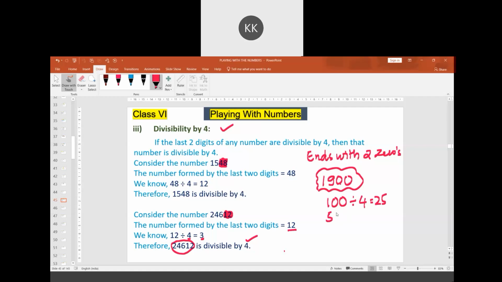Therefore, any number where two zeros are there is divisible by 4. Whereas the test for divisibility by 8 is similar, there will be a combination of three zeros.